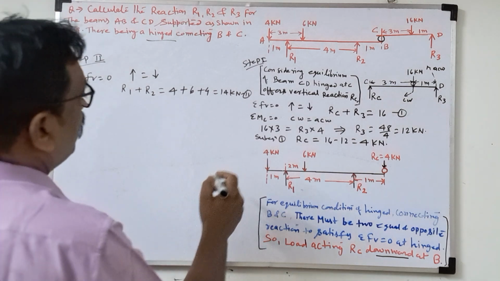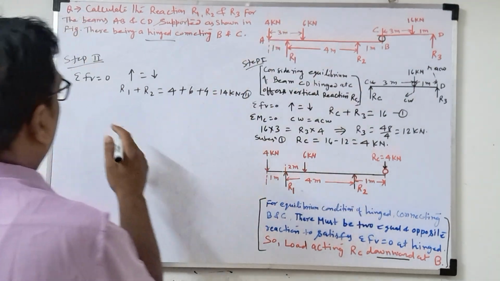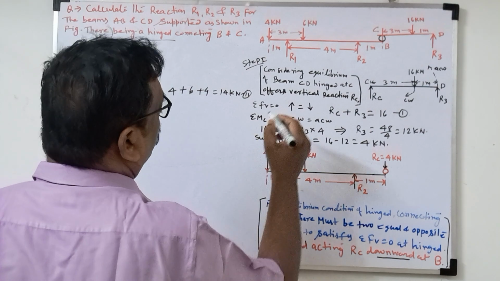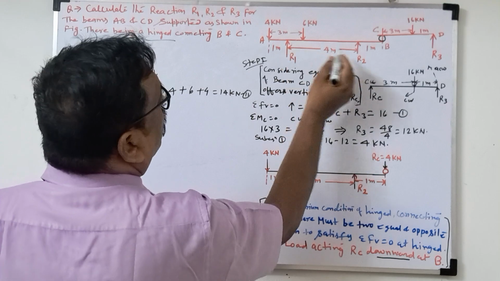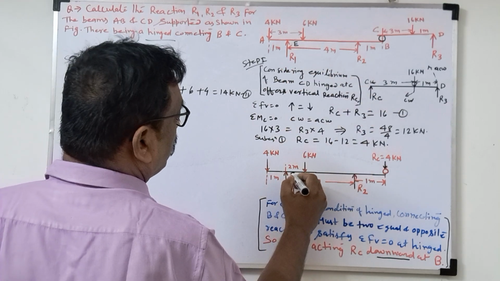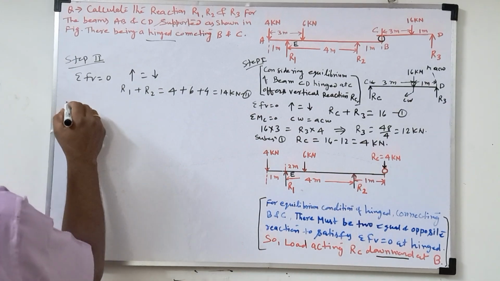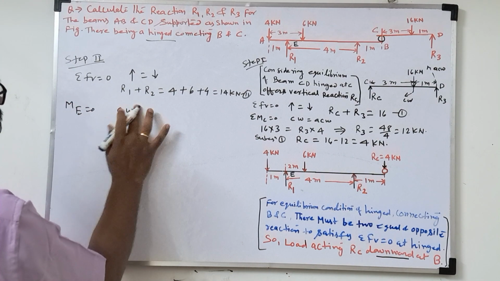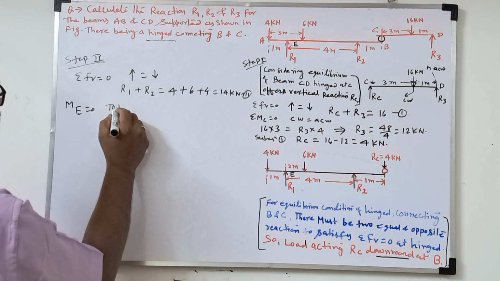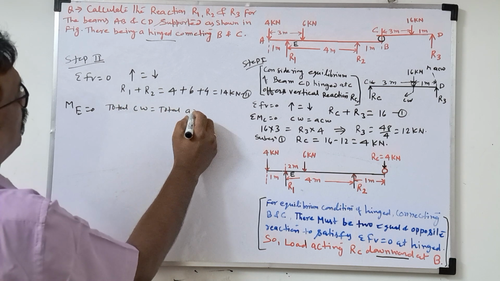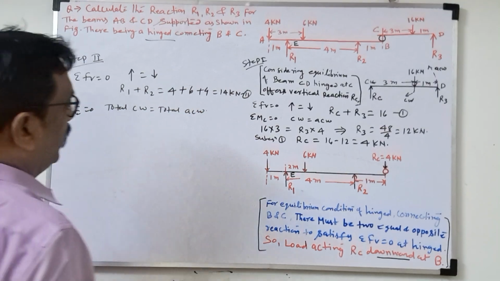Now we'll take the moment about R1. What we'll do is name this point E. This point I am calling E. So we'll take the moment about E equal to 0. So here also, total clockwise is equal to total anti-clockwise moment.